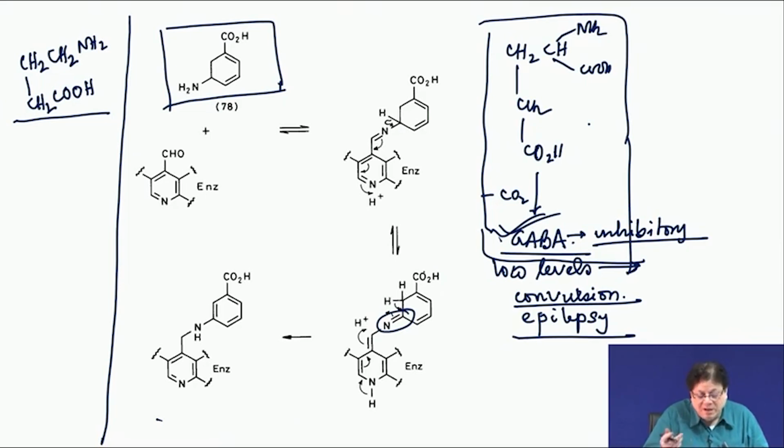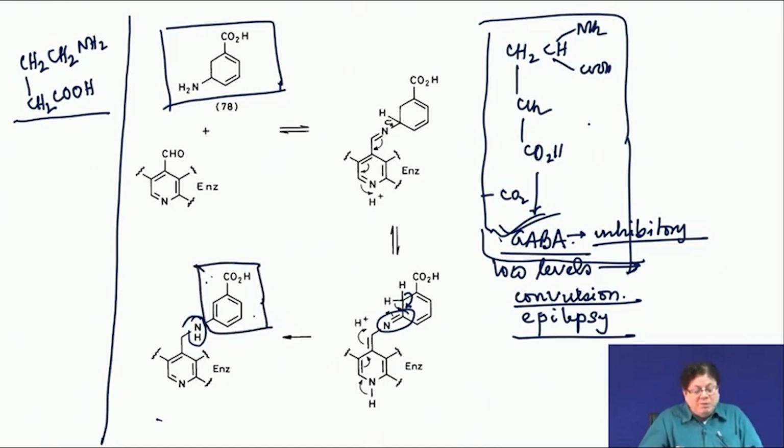So, there will be addition of the active site amino acid via Michael addition. Here, this hydrogen will now be lost, and this double bond will come here. So, this is NH now, and there is a double bond here. Now it has become an aromatic compound. If it has become an aromatic compound, there is no way this pyridoxal phosphate can be freed from the molecule. So, this PLP gets covalently linked to this compound.